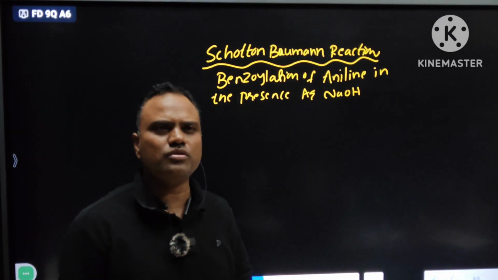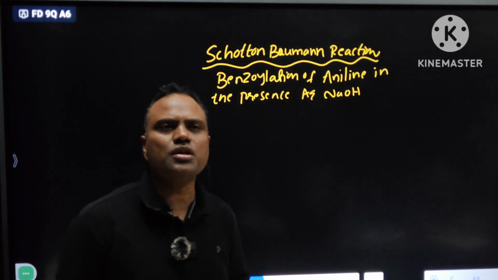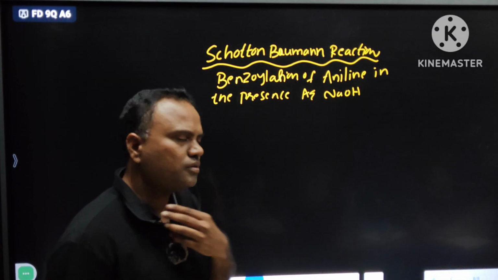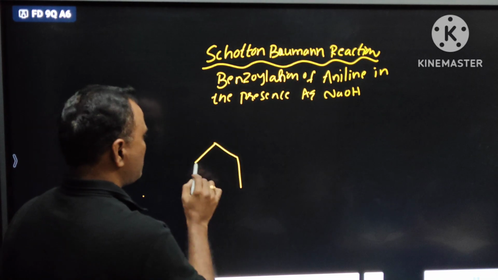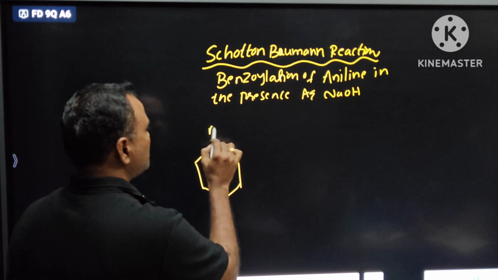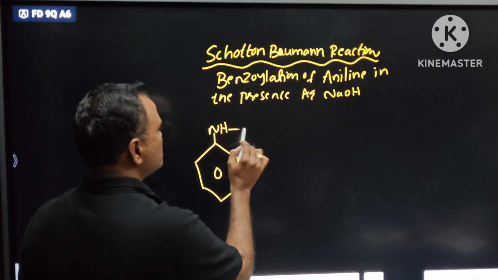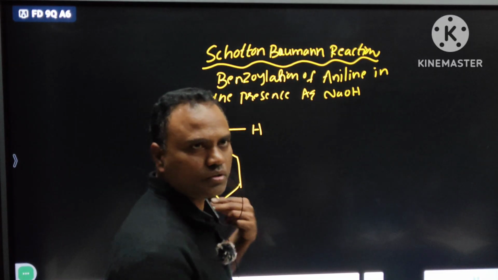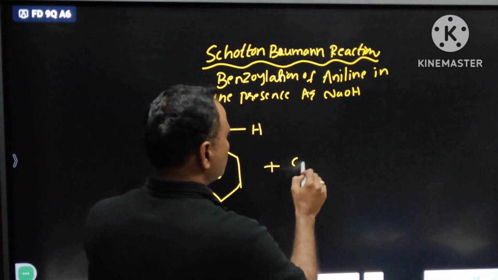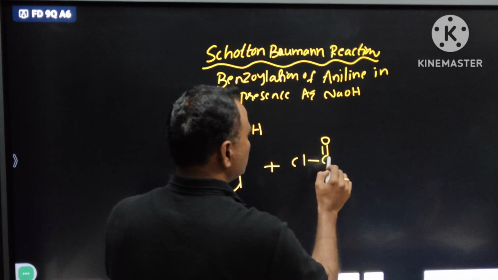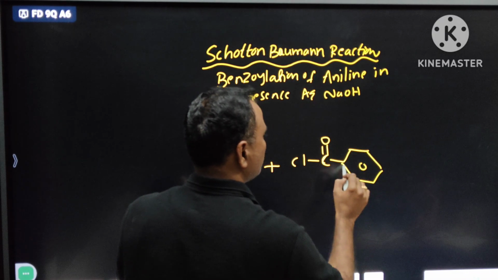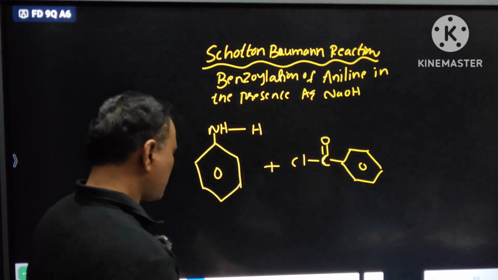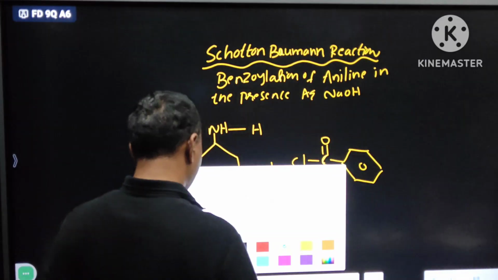Similar to acetylation only, but here we will change the structure of the acid halide. See this. Aniline can be written as NH and H, plus Cl C double bond O, benzoyl chloride. Schotten-Baumann, you can write in the bracket, this is called benzoylation.